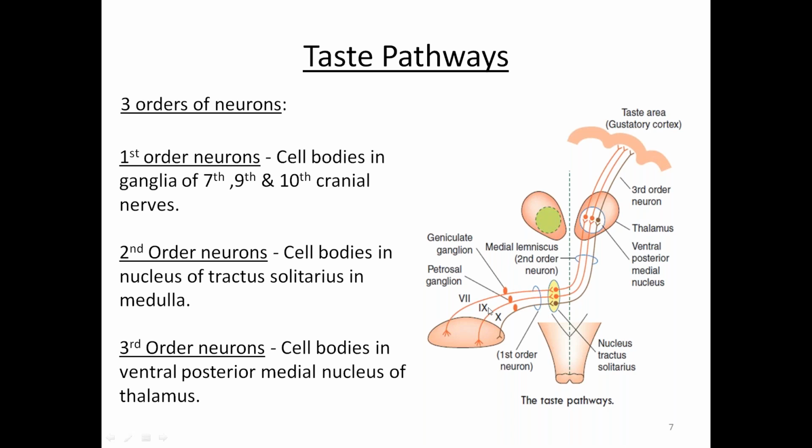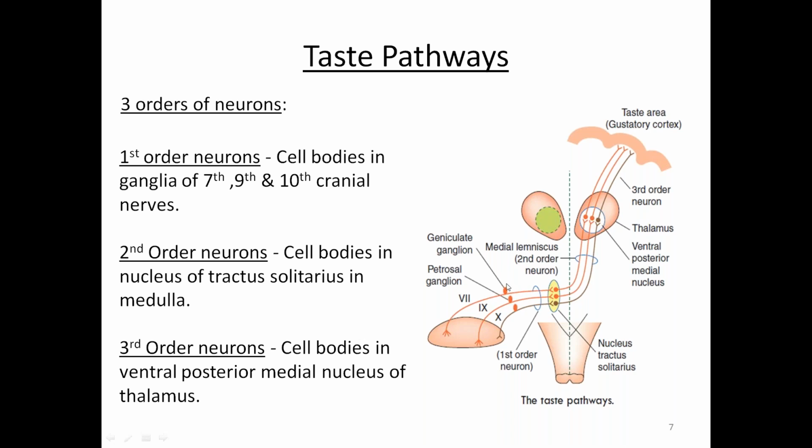Now from taste buds located on anterior 2/3 of tongue, the taste fibers run in the lingual nerve, which branches from chorda tympani nerve, a branch of facial nerve. So we are talking right now about facial nerve. The cell bodies are located in geniculate ganglion.